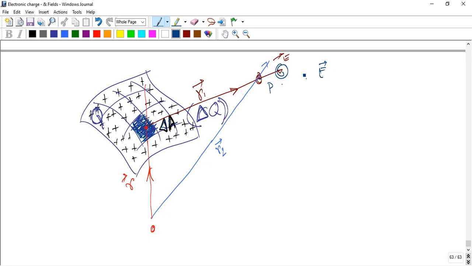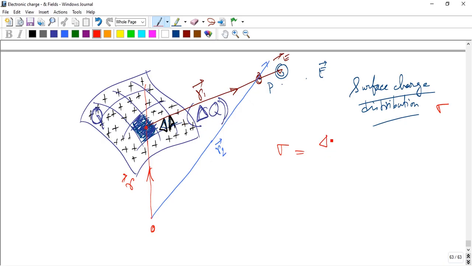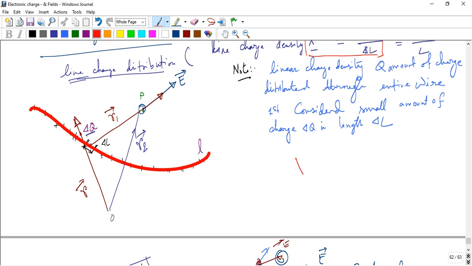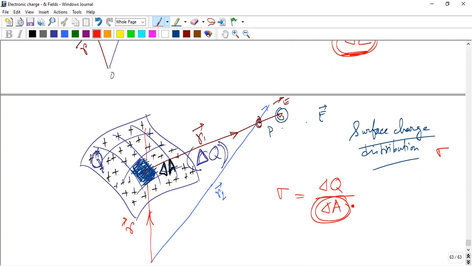Here the surface charge distribution has the symbol sigma. Sigma is the small amount of charge delta Q over the small area delta A. As we saw previously, lambda is delta Q by delta L, a length, which is one dimensional.